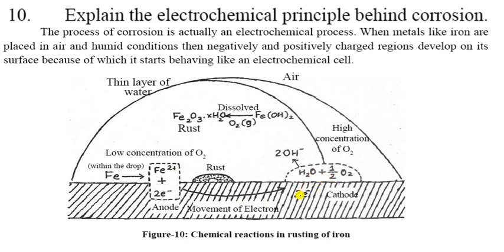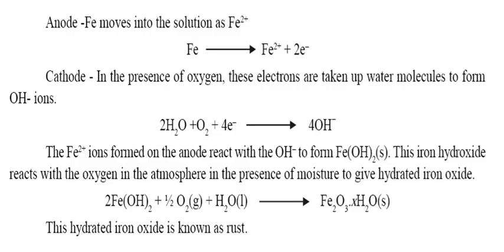So let us see. It is the iron. Inside the bubble is the low concentration of oxygen, and outside of the bubble is the high concentration of oxygen. And it is air. It is a thin layer of water. So now see here, iron goes into Fe2+ ions, and 2 electrons are removed, and the 2 electrons go here, and with water it reacts with oxygen and gets 2 electrons to form 2 hydroxide ions.